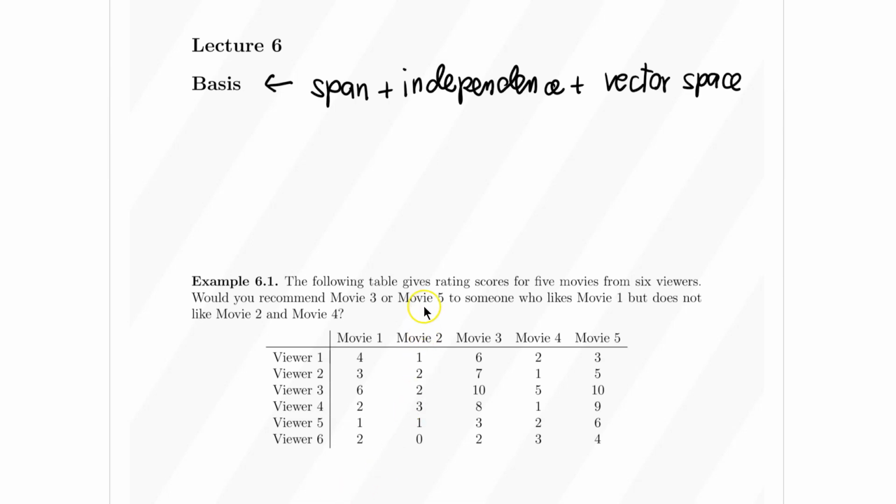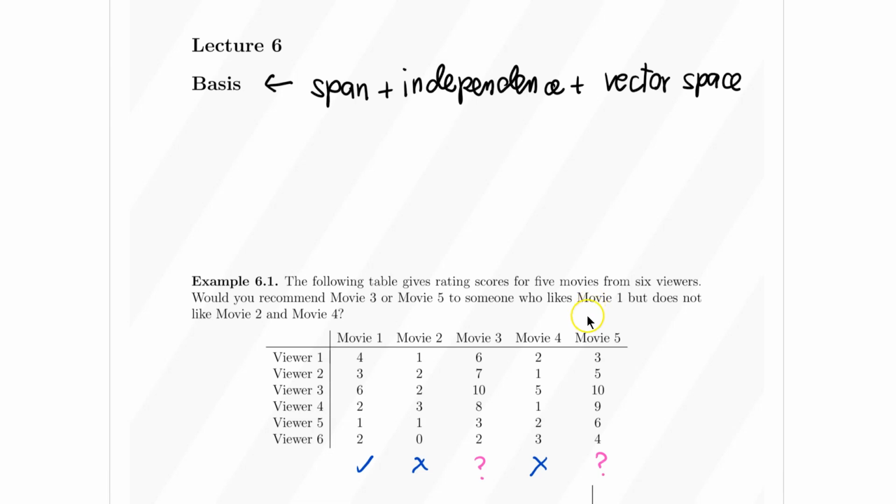Let's say I have a rating score for 5 movies from 6 viewers here. Now, let's say I have someone who likes movie 1, but does not like movie 2 and does not like movie 4. Should we recommend movie 3 or movie 5 to that person?